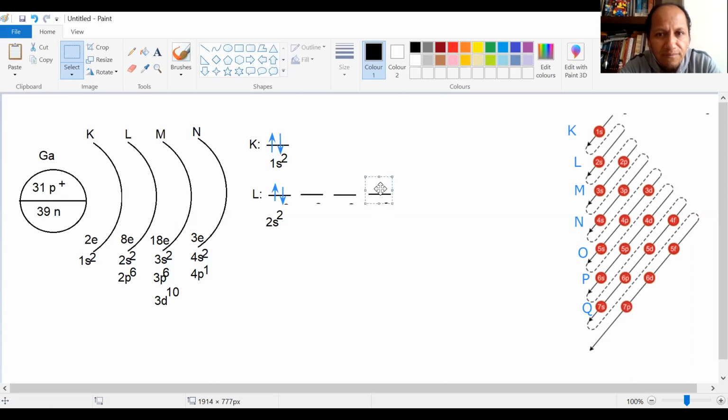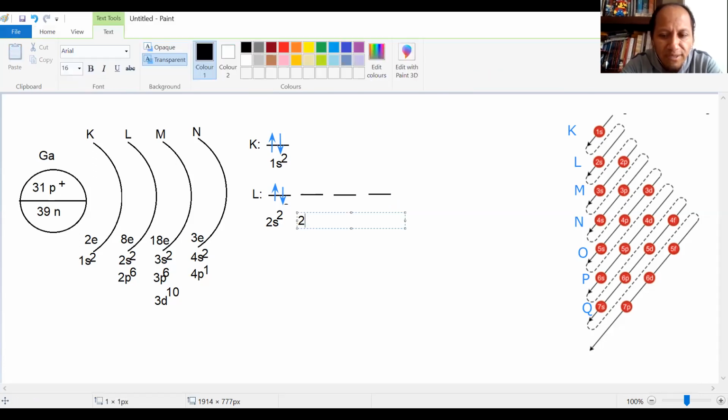Now, it says p6. What's the meaning of p6? There are 3 types of p's, because p6 is 3 pairs. So you're going to put, first of all, 2px, 2py, and 2pz.